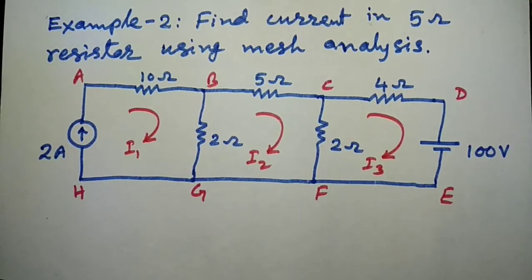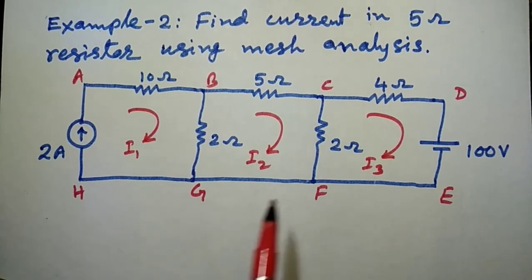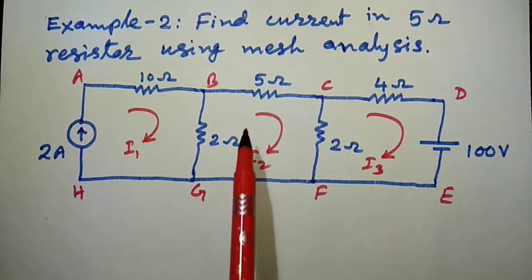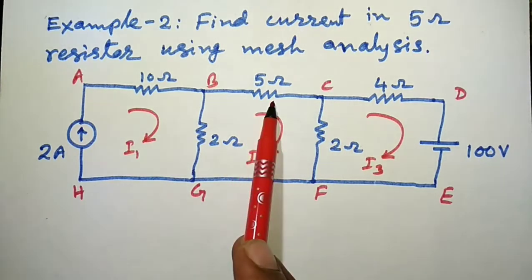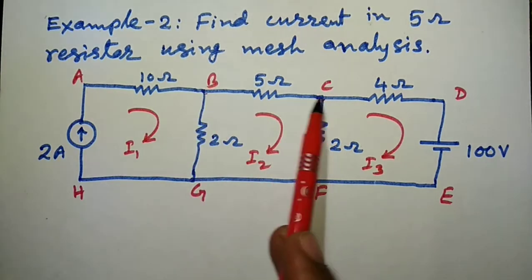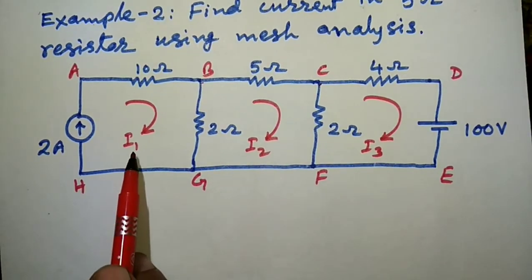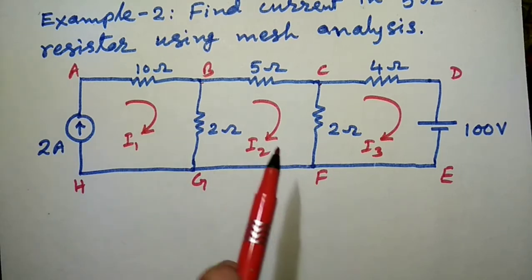Now the second example. Here we have to find the current in the 5 ohm resistor between B and C using mesh analysis. In this question we have 3 meshes, so the mesh currents are I1, I2 and I3.